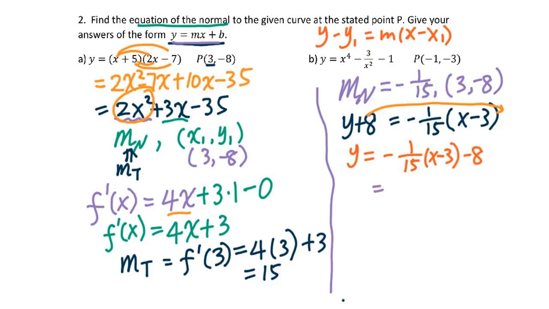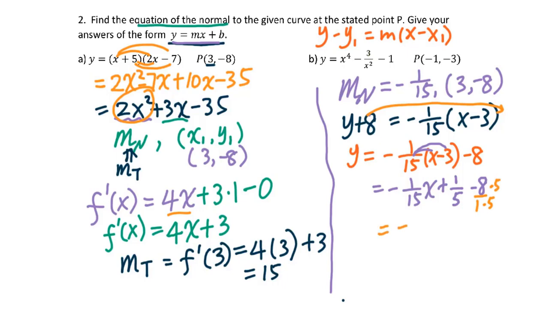Then distributive property now. You will get negative 1 over 15x. Then negative times negative will be positive, or reduce, you will get 1 over 5. Then minus 8. So we will do 1 times 5 over 5 here.